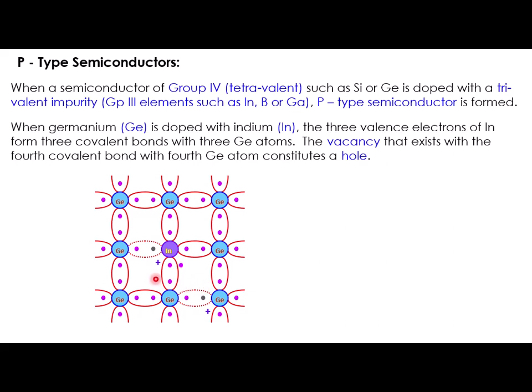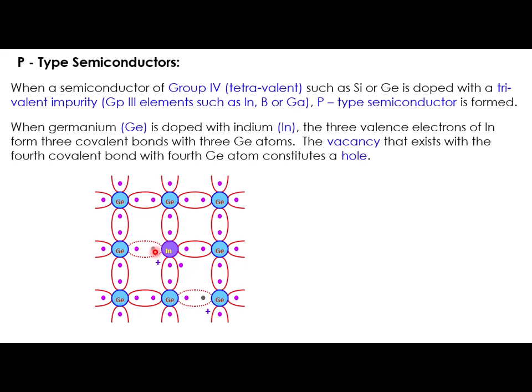But if a hole is created in the valence band just by moving an electron from the valence band to this acceptor atom energy level, then there will be no corresponding electron in the conduction band.